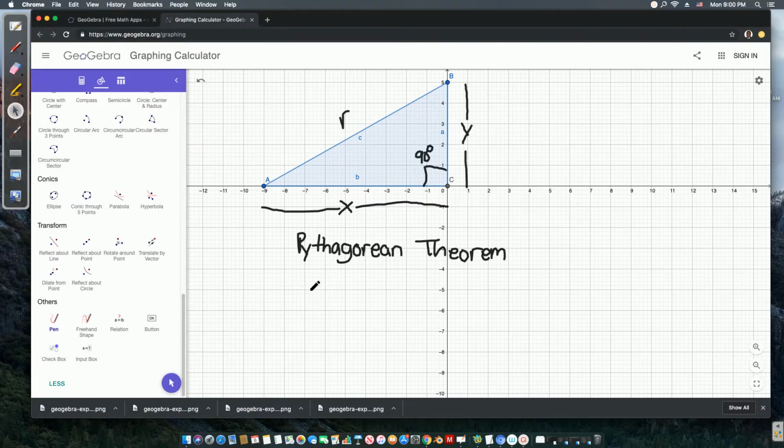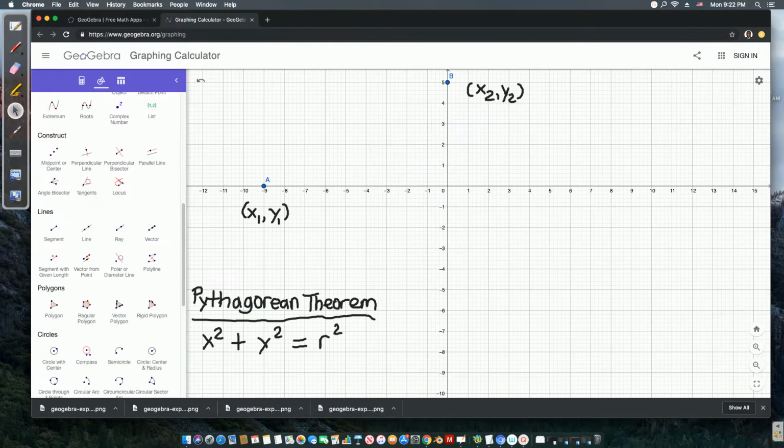This is what the equation will look like: x squared plus y squared equals r squared.